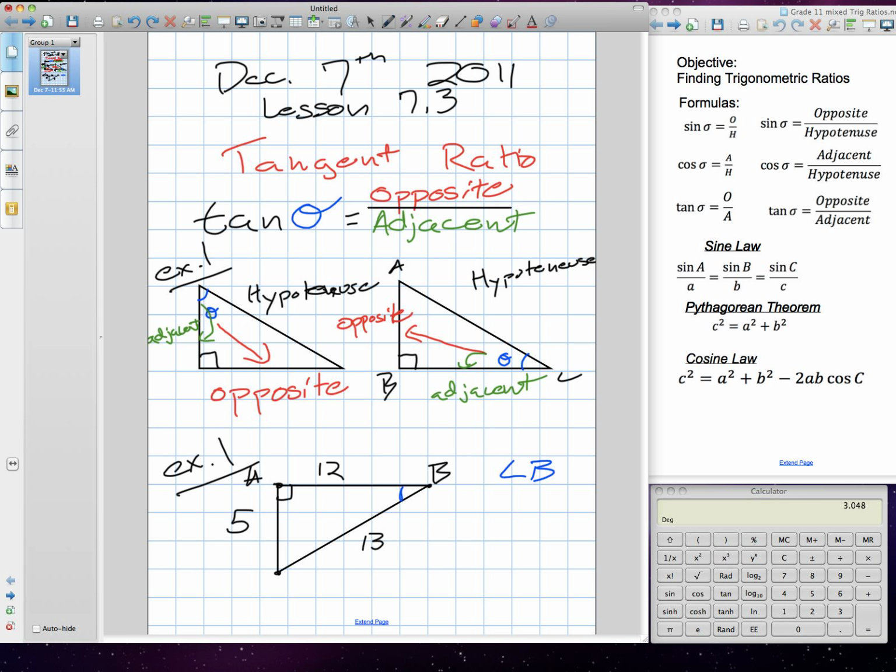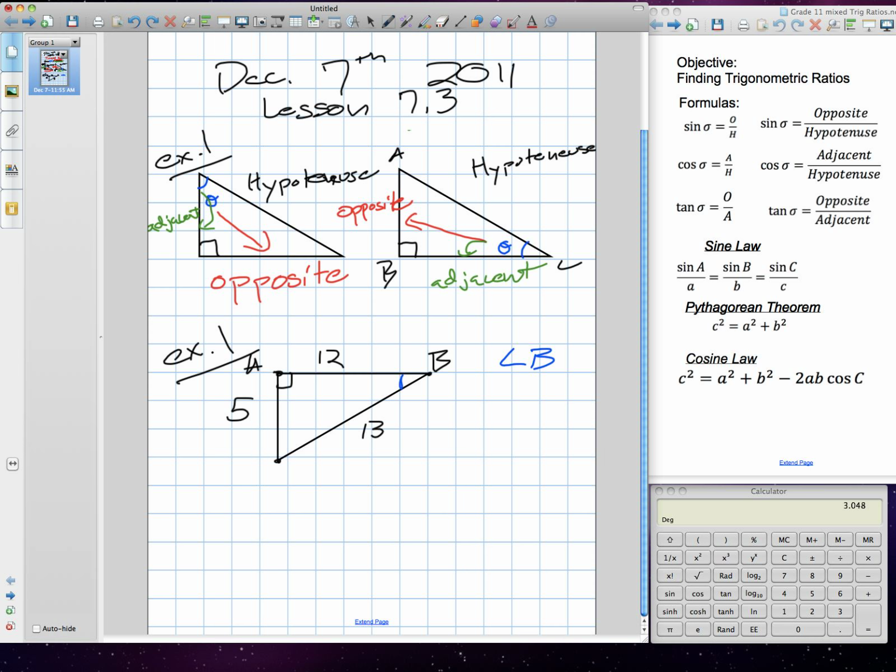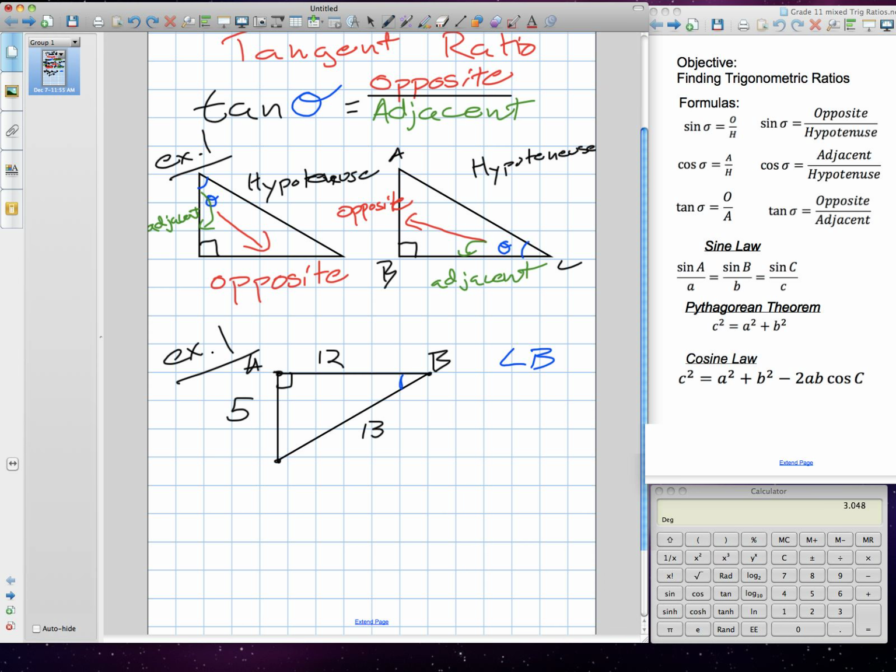So, excuse me. This is what we're going to use to remember it. Tangent theta equals O divided by A. Okay, that's our tangent ratio. And the O and the A stand for opposite over adjacent. I shortened them so we don't have to write it every time.